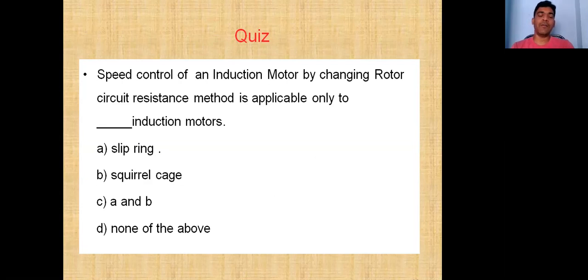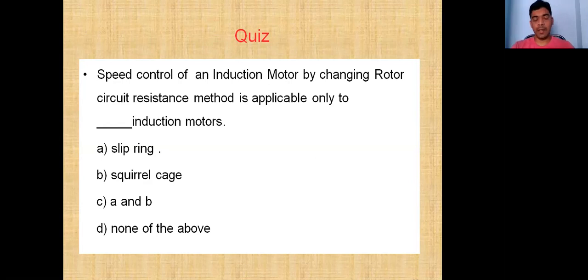Speed control of induction motor by changing rotor circuit resistance: the rotor circuit resistance we need to change, so we need an open circuit rotor with slip rings available.